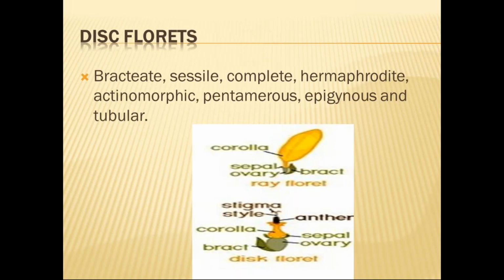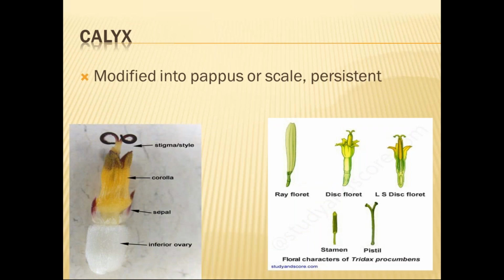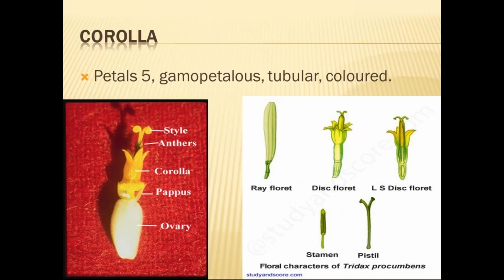This floret is bracteate, sessile, complete, hermaphrodite, actinomorphic. They are pentamerous, epigynous, and tubular in structure. Calyx is modified into scale-like, pappus-like structure. Corolla is petal 5, gamopetalous, tubular, colored.